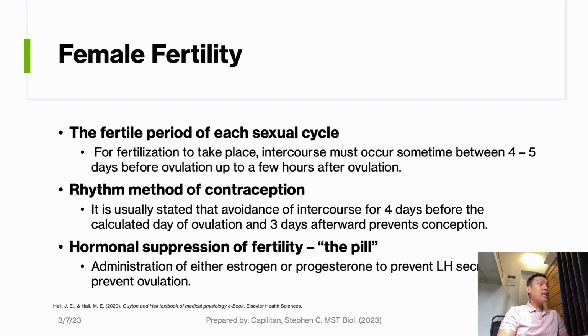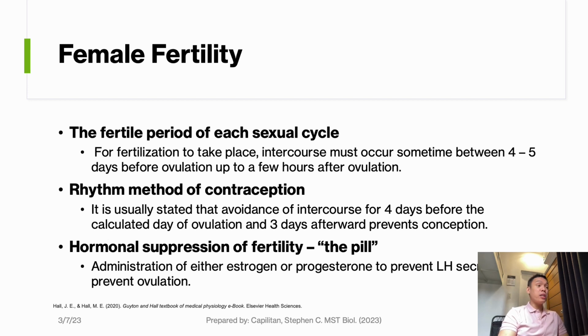Female fertility: there is a fertile period in each sexual cycle, and for fertilization to take place, intercourse must occur sometime between 4 to 5 days before ovulation up to a few hours after ovulation. The rhythmic method of contraception usually states avoidance of intercourse for 4 days before the calculated day of ovulation and 3 days afterward to prevent conception.